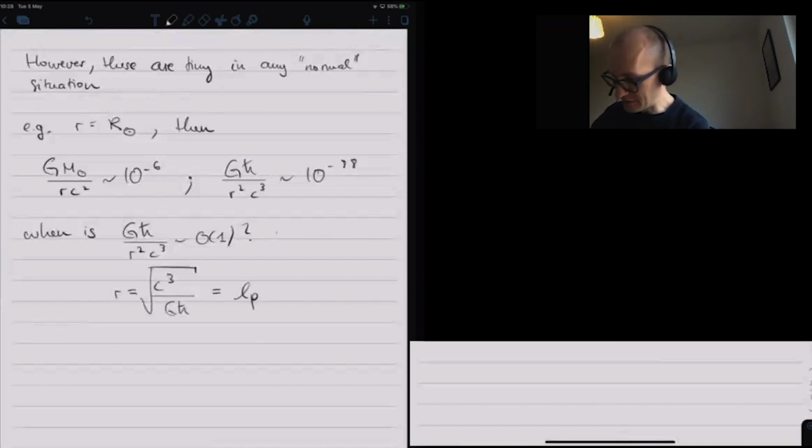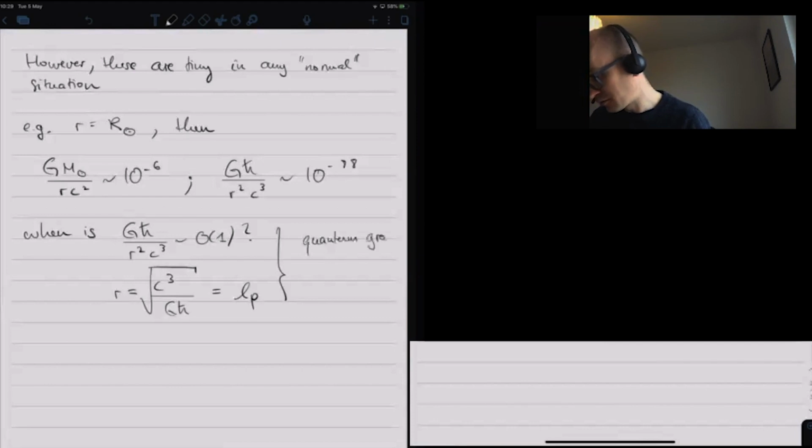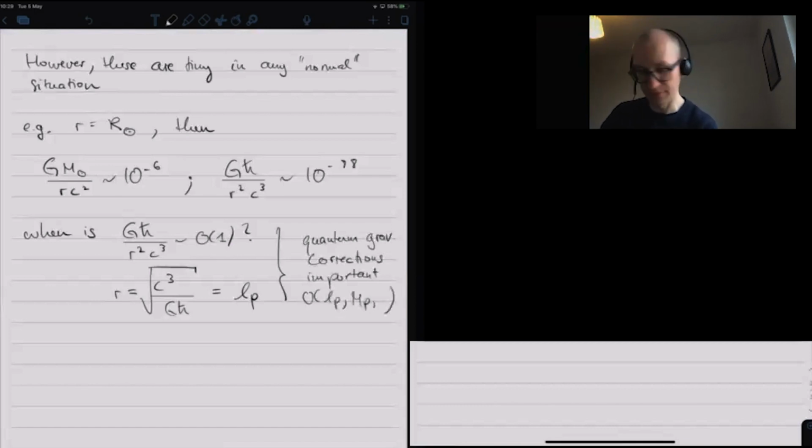So precisely this form is an expansion, if you want, in length scale over the Planck length. So these quantum gravity corrections become important if we talk at scales of order the Planck length, or the Planck mass, and whatever else you might think of associated with Max Planck.